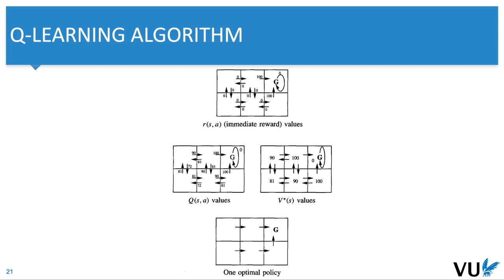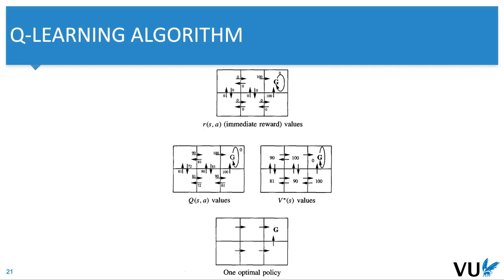And this V star, this is the optimal value, where in each cell, in each state, we know what is the expected total cumulative reward. And one optimal policy is depicted at the bottom.